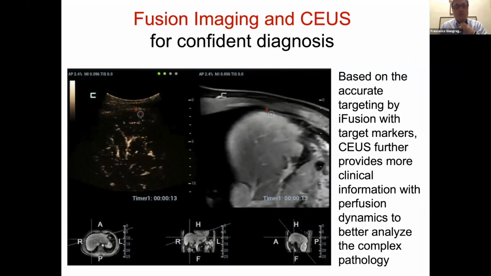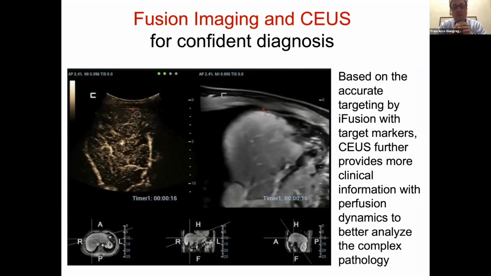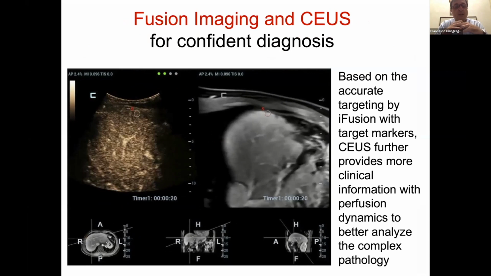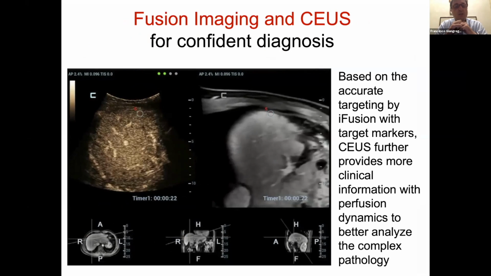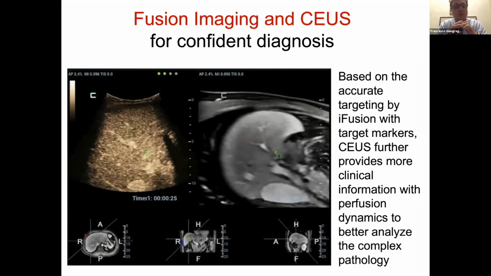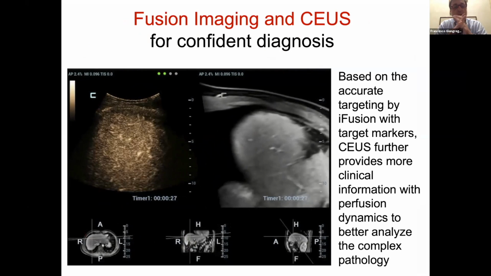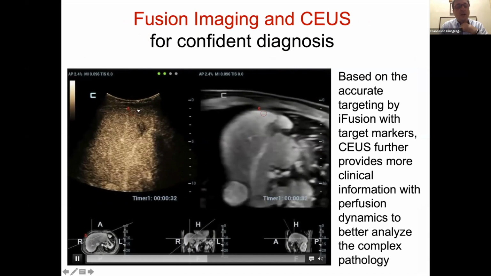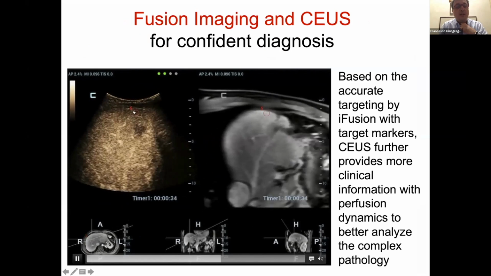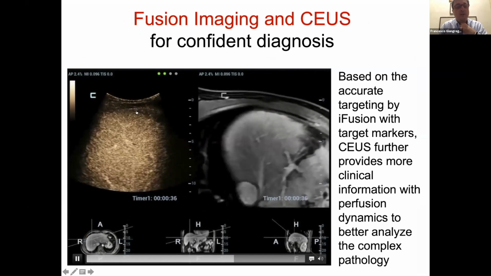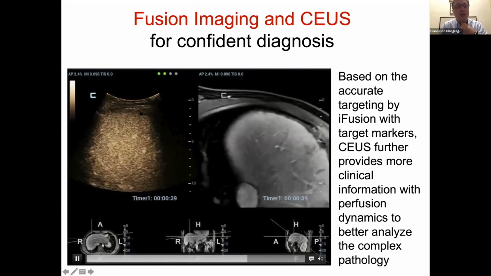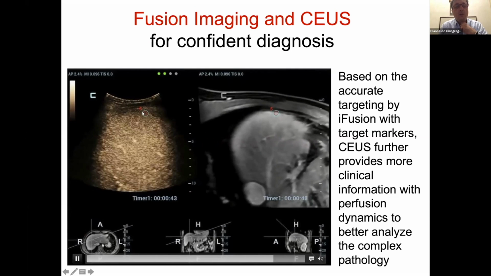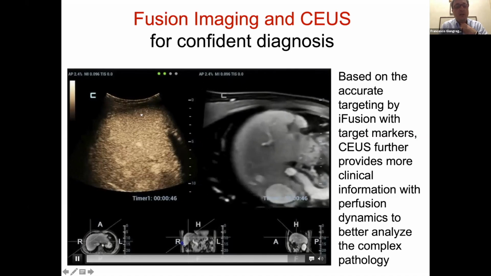So fusion imaging can be used, for instance, to better study small lesions that are not so evaluable with conventional US and that are difficult to study, like this small hepatocellular carcinoma that was very superficial and was not visible on conventional US. So what can guide contrast enhanced US?